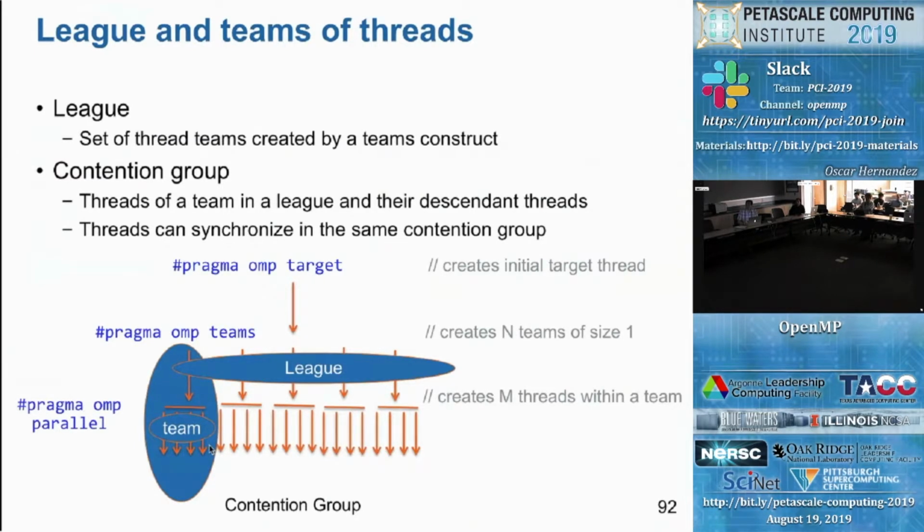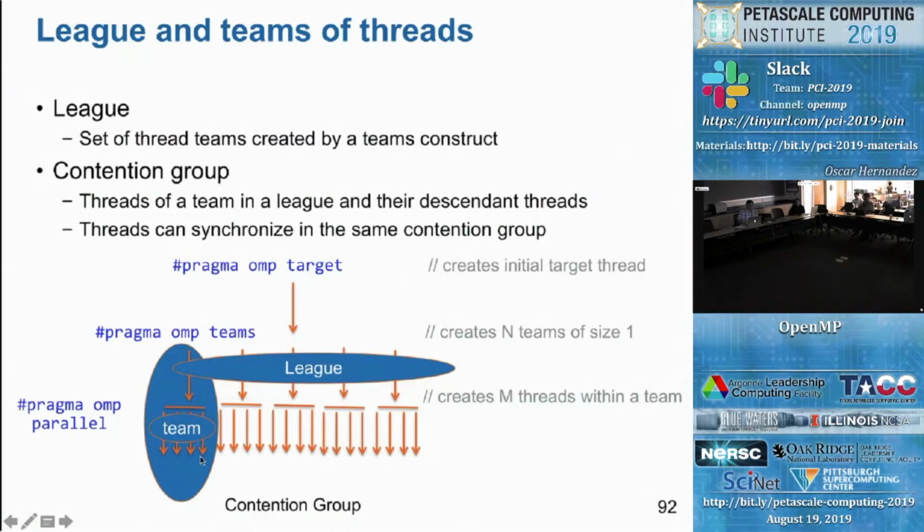Here is a summary of what we discussed in the previous slide: whenever you enter a target region, you start with an initial thread, and then you can create teams of threads. These teams of threads can synchronize within the team, just like you synchronize on the host, with all possible synchronizations like locks, barriers, and so on.